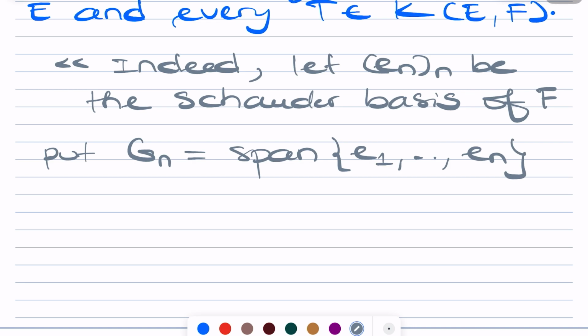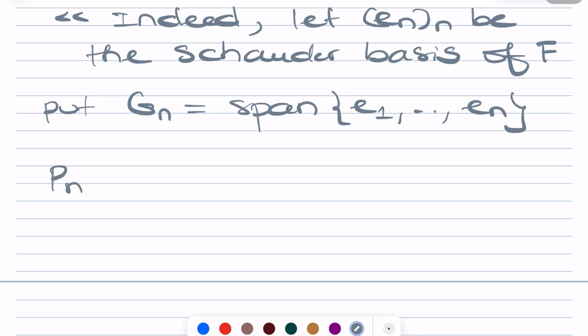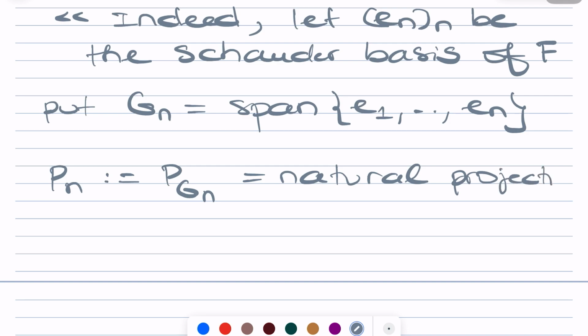And also put P_n, defined to be the projection onto the space G_n. So this is the natural projection operator.